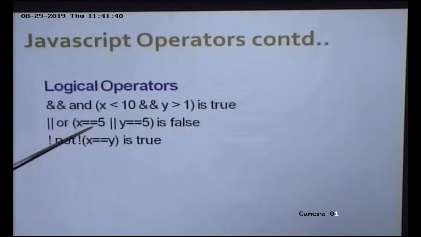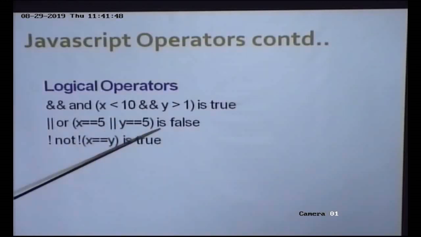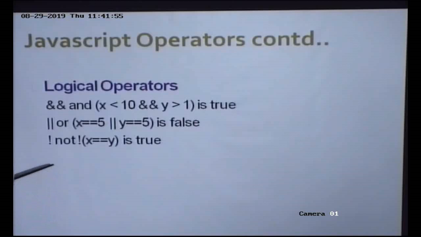If one comparison is true, either the left side or the right side, then the result will be true. If both results are false, then automatically the OR operator will return false. Then what is the use of the not operator? When the compared result is true, not will make the result false. When the compared result is false, then not will give true. So that is the logical operator.